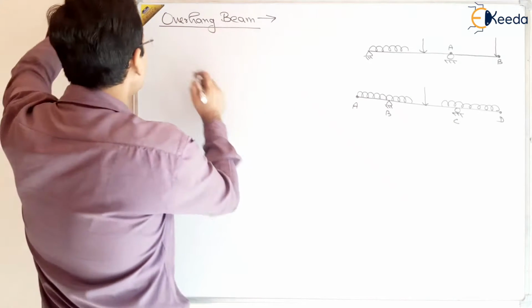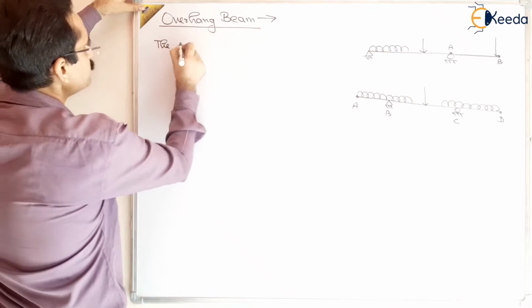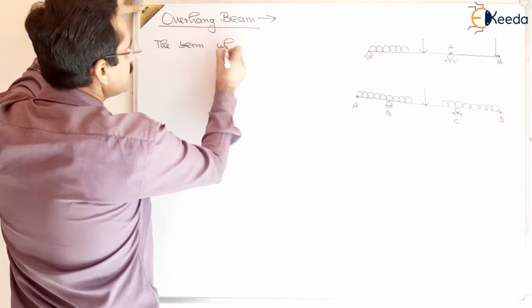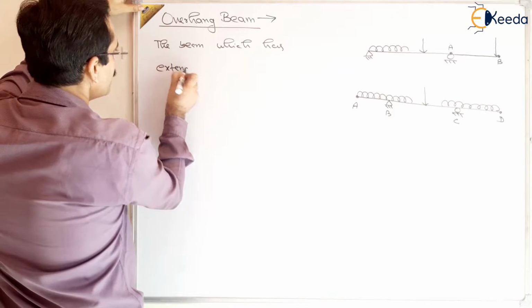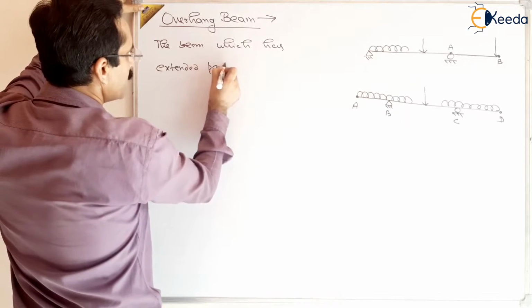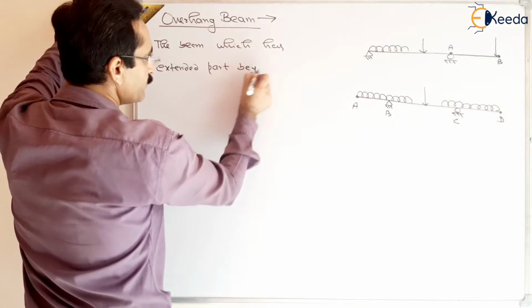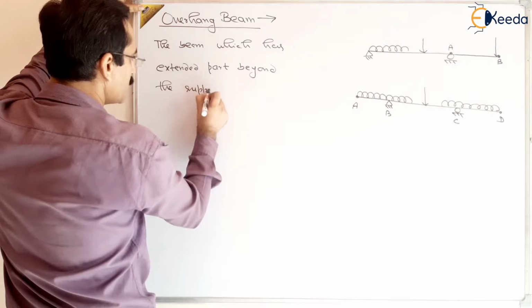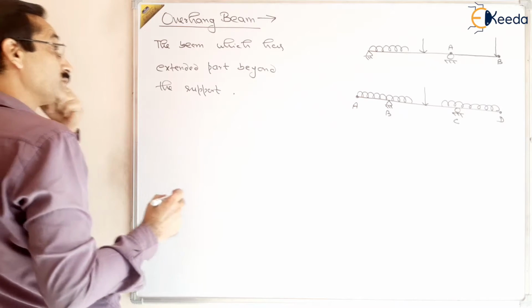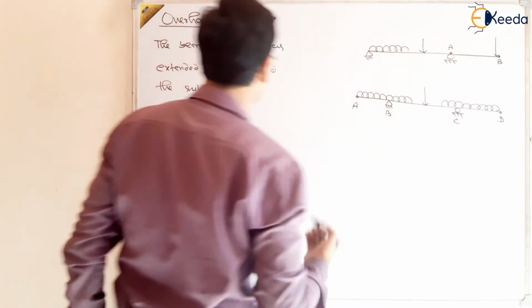So what is an overhang beam? The beam which has an extended part beyond the supports, like this, right?